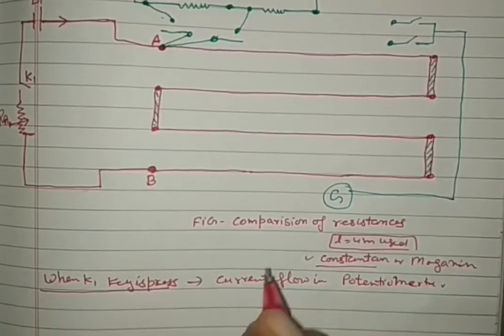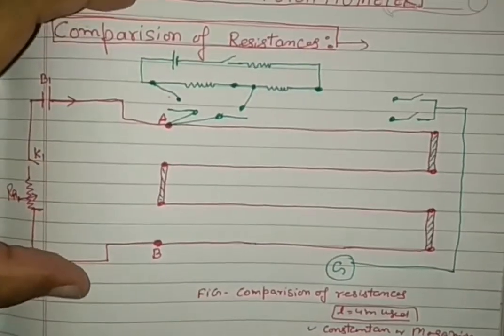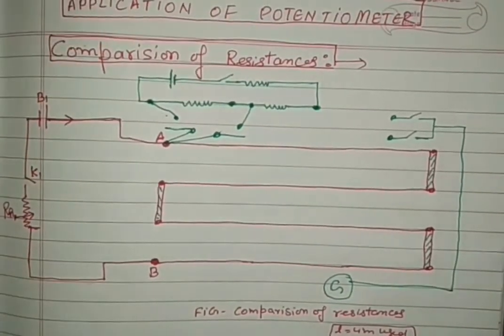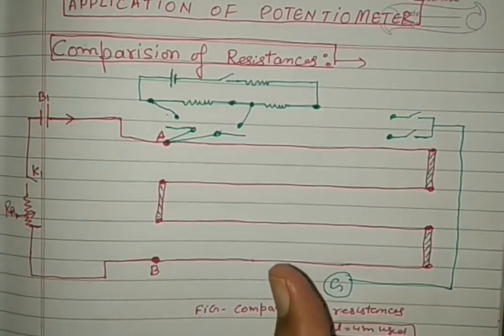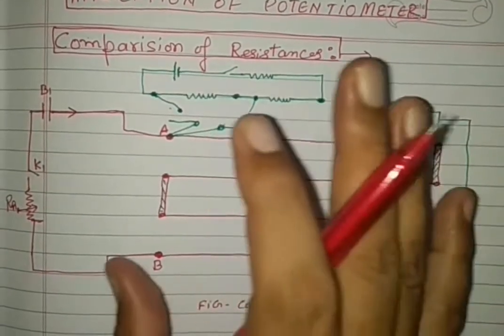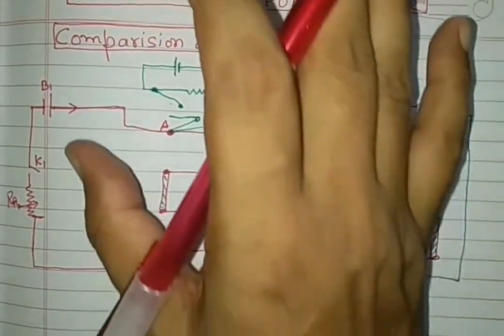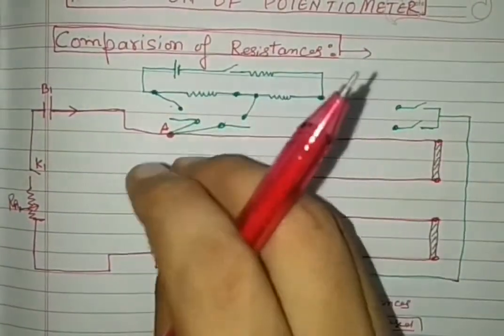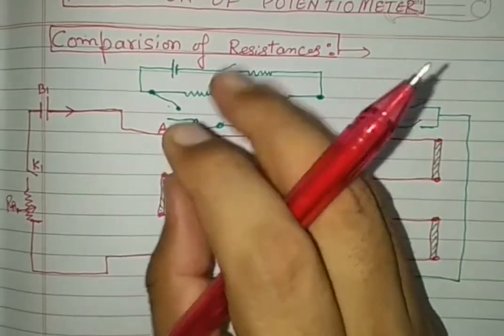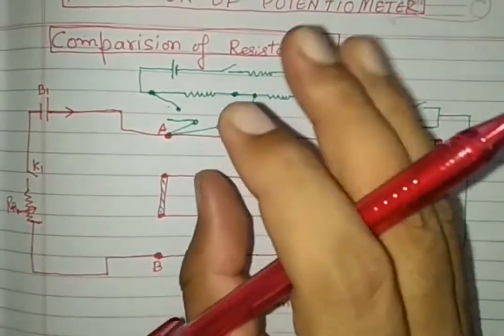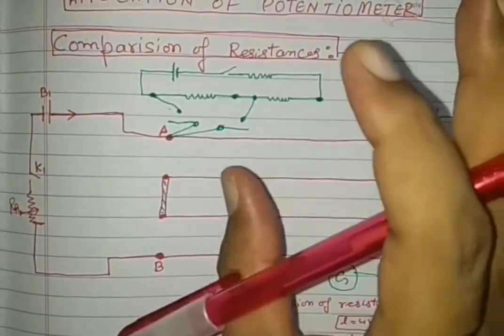Now again focus on the diagram. This is a very complicated circuit, so see very carefully the second part of it, then you can connect it in your lab and understand. First it is required to understand, then you can do this experiment.